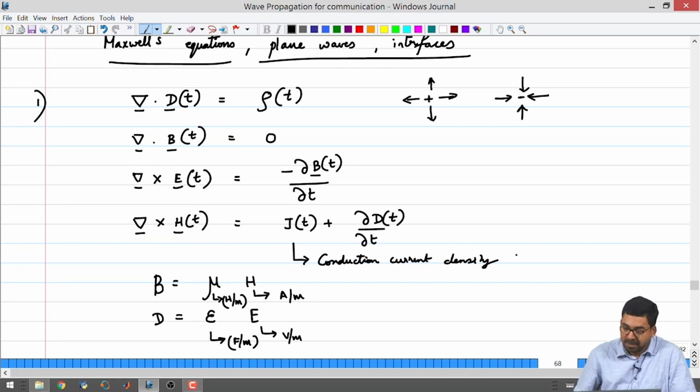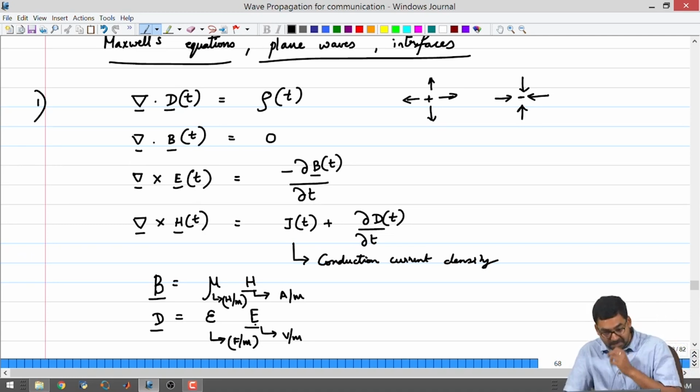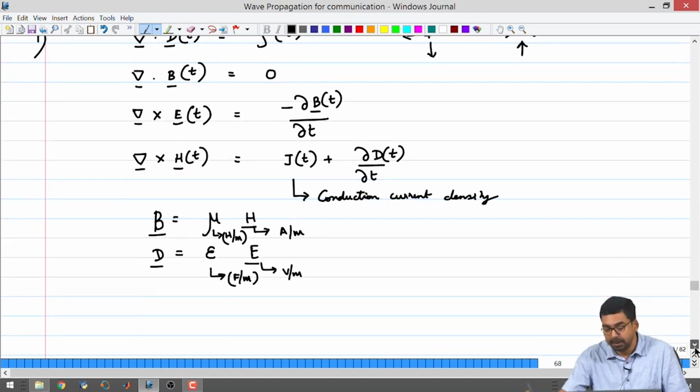Now, we have changed all these to time domain, but then we have to look at the characteristic equations, I mean, the expressions for displacements and the fields also. Now, we have to look at it in a more objective way.